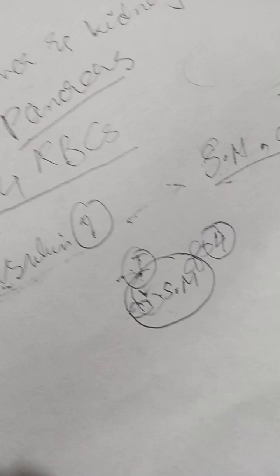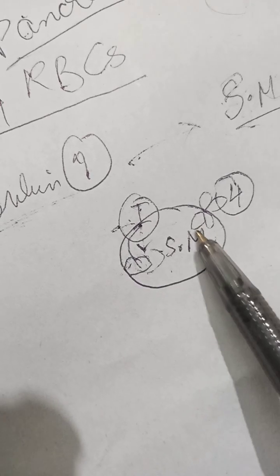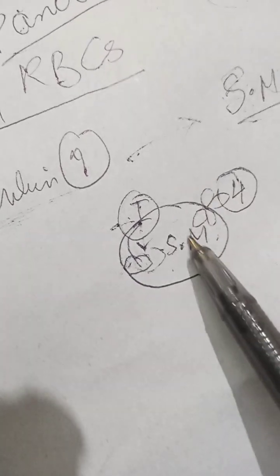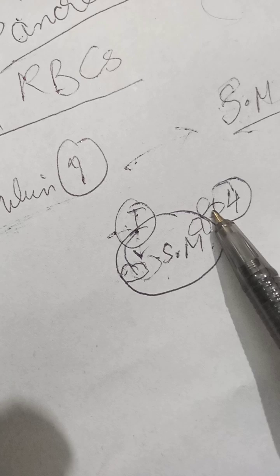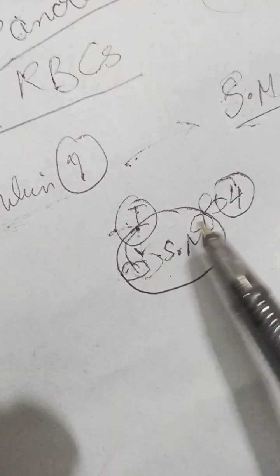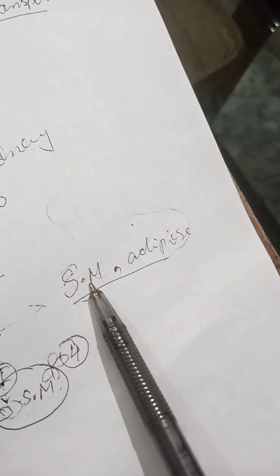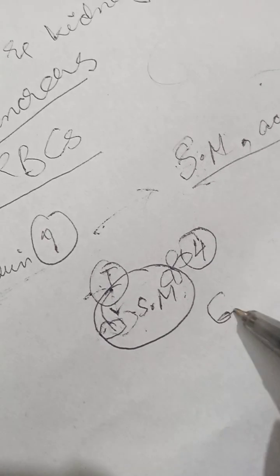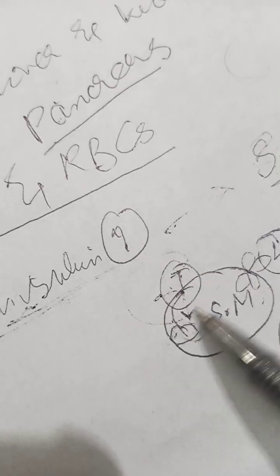So the speciality of this glucose transporter 4 is that it works with the insulin, works under the insulin. These skeletal muscles and adipose tissues open for the entry of the glucose into the cell only when there is a lot of glucose, which means there is insulin.